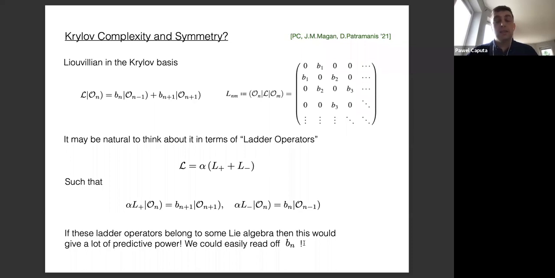You could write these Hamiltonians in terms of certain algebra generators, and that was usually a very beautiful story that allowed for exact solutions of certain systems. So we wanted to use these intuitions, but now for the Liouvillean in this Krylov basis, and see if this takes us anywhere. Is this motivation clear?